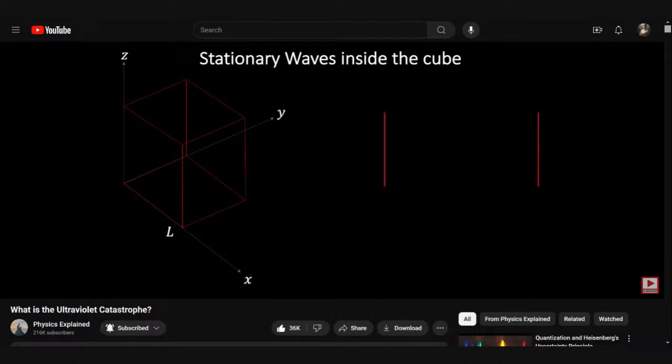Consider the X component. All the radiation along this component which is incident upon the wall is reflected by it, and the incident and reflected waves combine to form a stationary wave along the X direction.